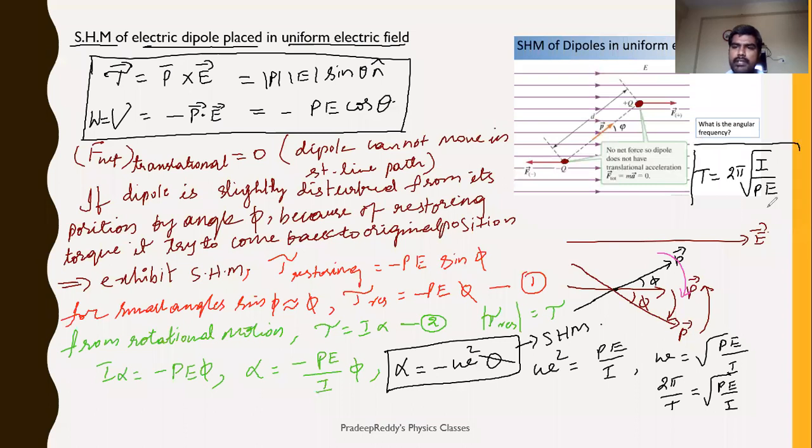This is the equation for the time period of simple harmonic motion exhibited by the dipole placed in a uniform electric field.